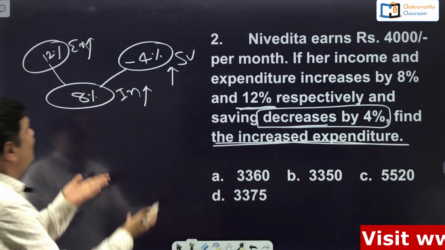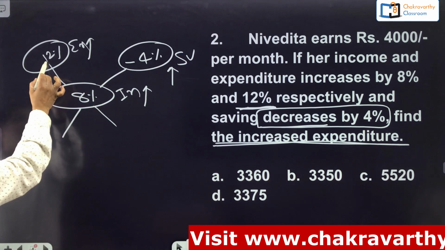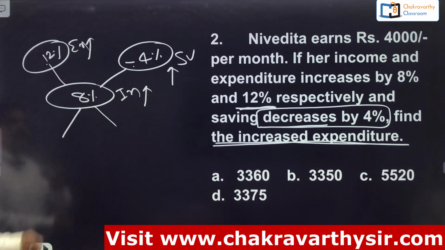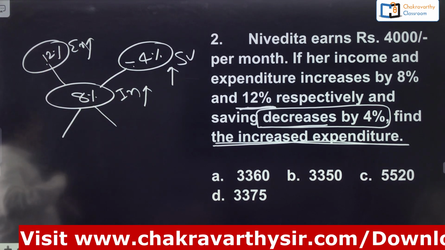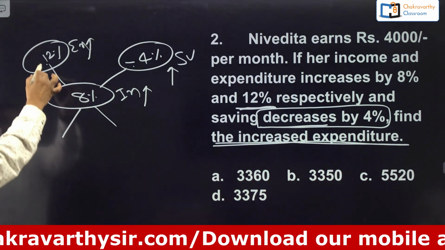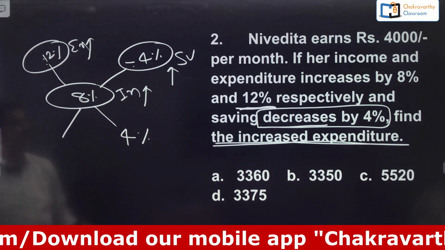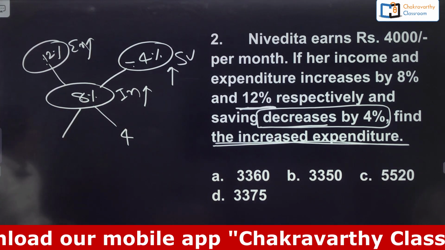Right. Now just go for the ratio. Simply you can take the ratio here, because I have all three values. Now 12 is more than 8, minus 4 is of course less than 8. How to go for this? 12 minus 8 is 4, take the ratio as 4.